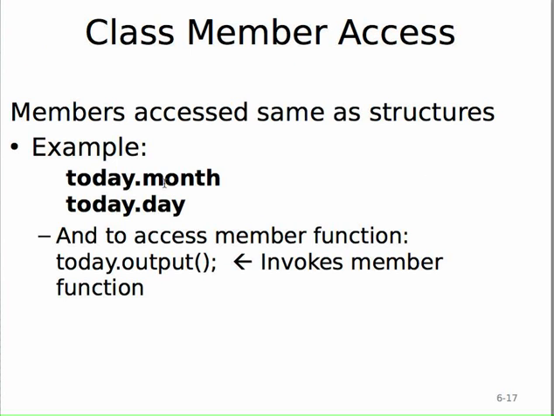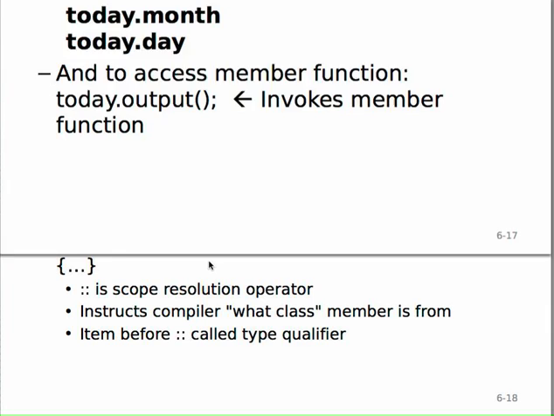And your rule of thumb should be that all data members should be private unless there's a really good reason to make it something else, just like in Java. Okay, to access member functions, if it's visible, you can say whatever the object name, dot, method or function name, and open close parentheses with however many arguments that you need for the function.